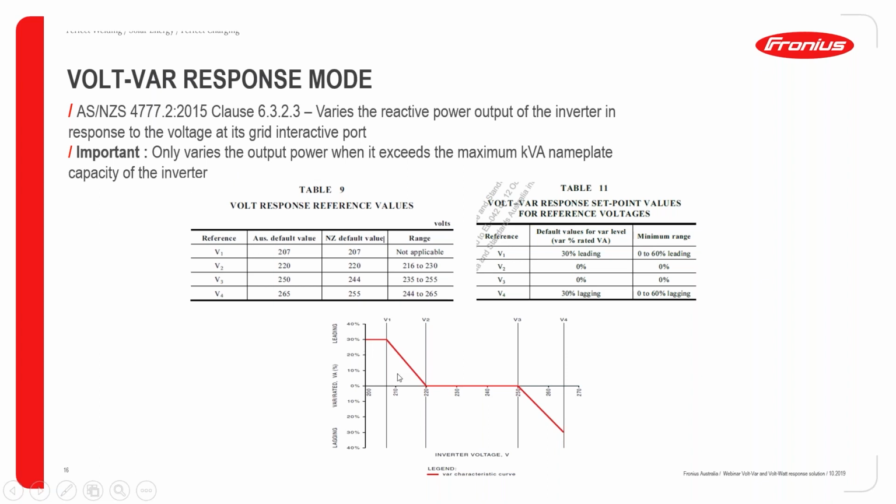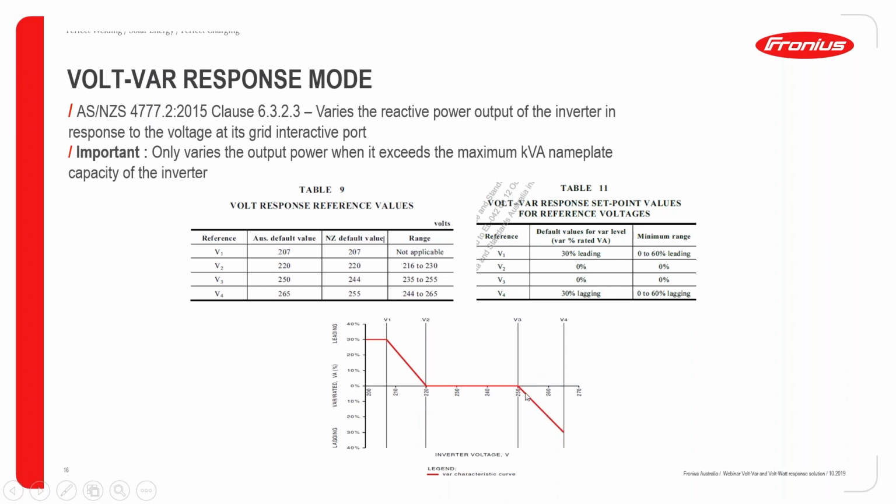I guess in Australia and all the other parts of the world as well, we don't get situations where the AC voltage is dropping below 220 or 210 volts. It is not something that we come across quite often, but what we do come across many times is a voltage rise.